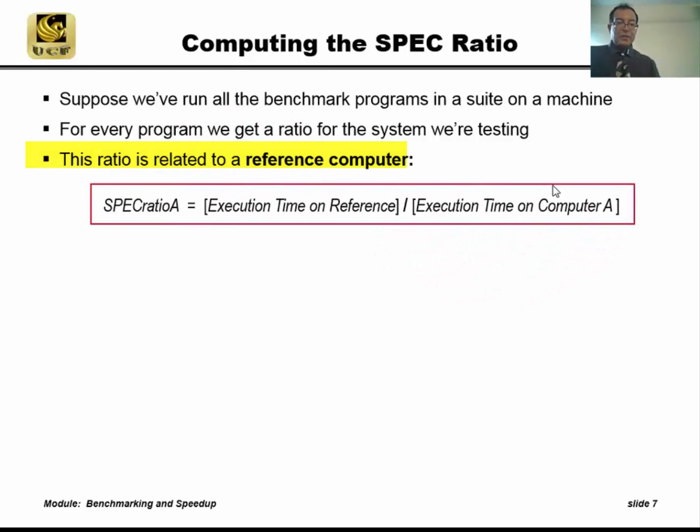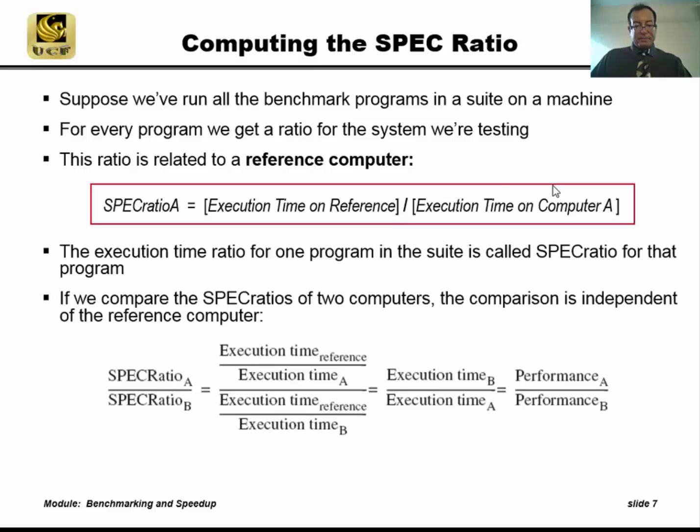The SPEC ratio for machine A is the time on the reference machine divided by the time on computer A. They pick an old machine, maybe 2006 for this 2006 benchmark. But we're going to see, because we use geometric mean, it doesn't affect the answer. It's just giving us some benchmark, and then we can get this ratio of all machines relative to that. This ratio is called the SPEC ratio.